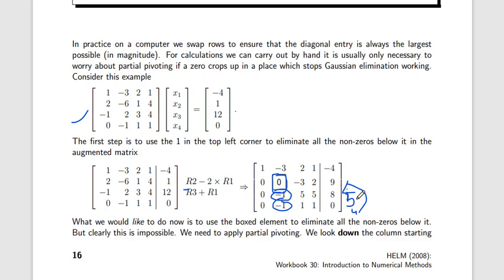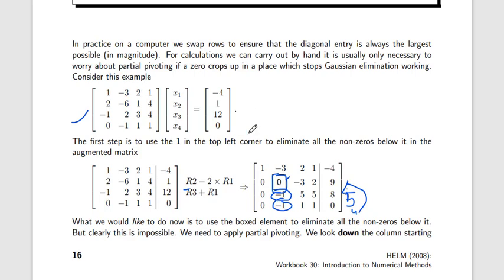So this is partial pivoting, which only means that if we want to make an elimination, we will swap the rows so that the diagonal element always has a larger number than the ones below it.